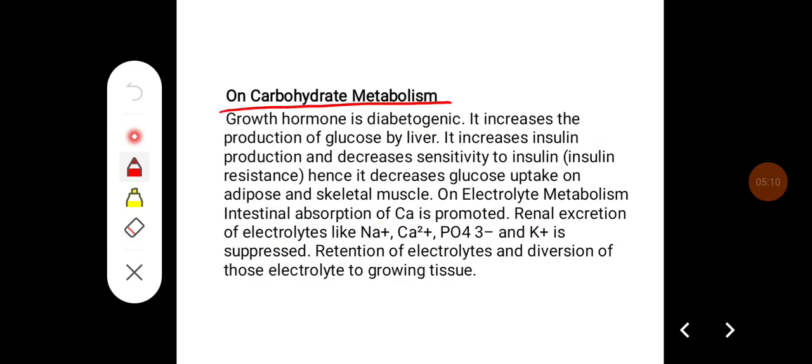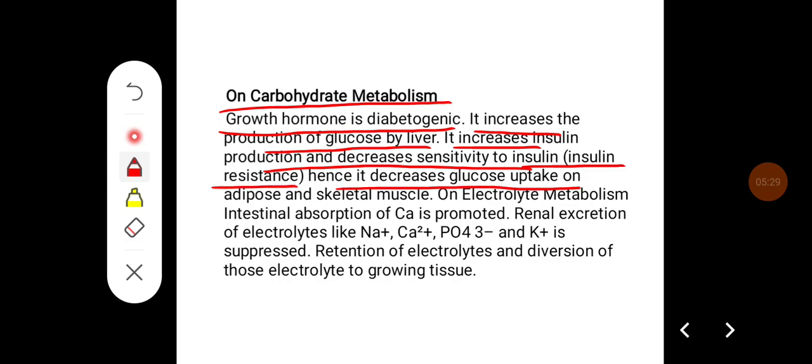On carbohydrate metabolism, growth hormone is a diabetogenic hormone. It increases the production of glucose by liver. It increases the insulin production and decreases the sensitivity to insulin, that is, insulin resistance. Hence, it decreases glucose uptake in adipose tissue and skeletal muscle.